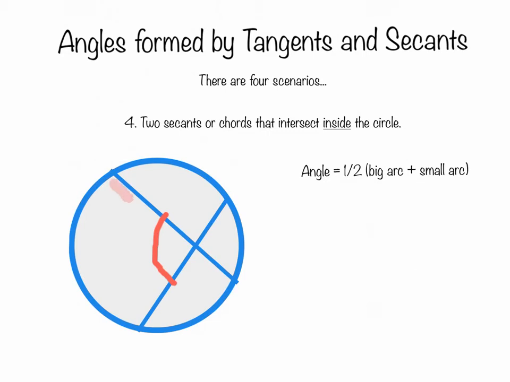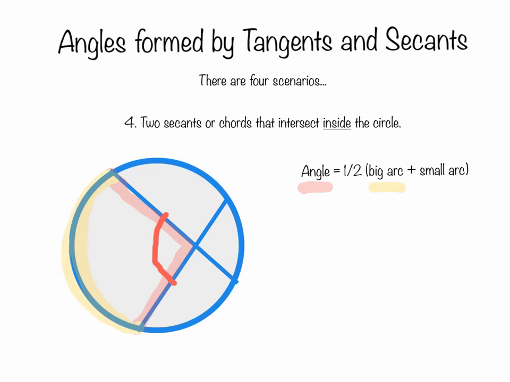So we have our angle, and we notice that it has intercepted arc. Okay, so our angle is here. And it really doesn't matter if we have the big arc in our angle or not, so when we add, it doesn't matter as much. But I'm going to use this one as my big arc.